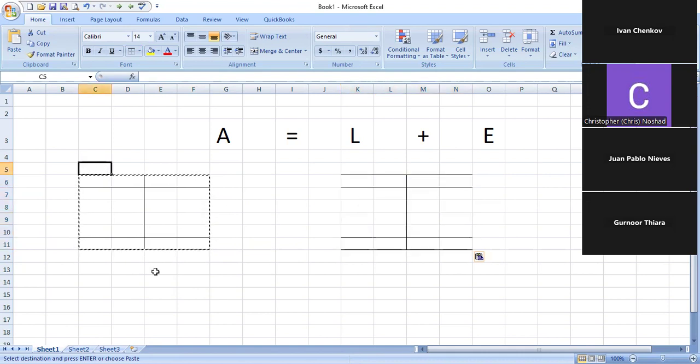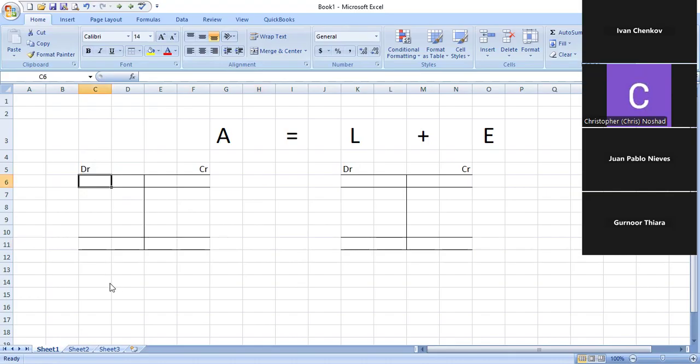Now, what will be interesting? Each account is going to have debit on the left side and credit on the right side. Same thing here, debit on the left side and credit on the right side. Now, where will be the balances? As long as we are on the asset side, on the left side of the equation, all the balances will be on the left side of the account, which is debit.